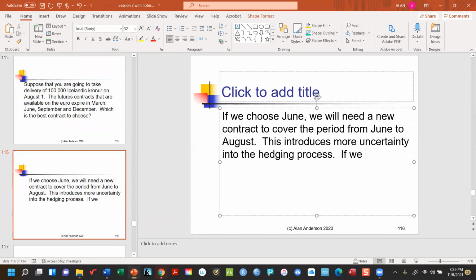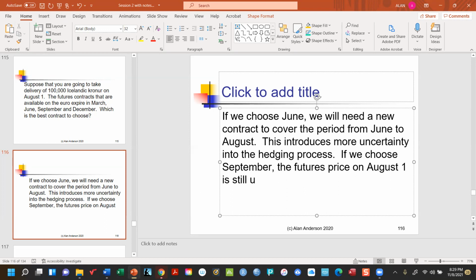If we choose September, the futures price on August 1st is still uncertain, but we do not have to enter into a new contract.